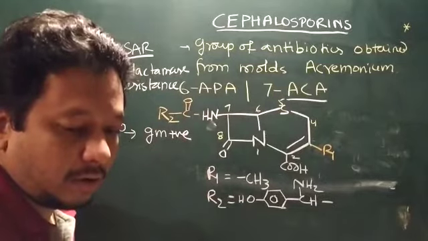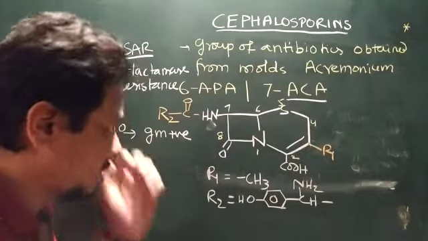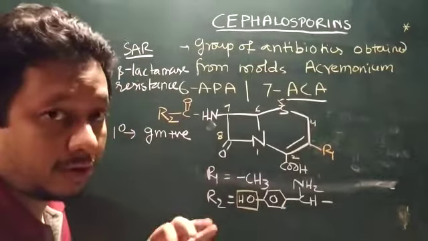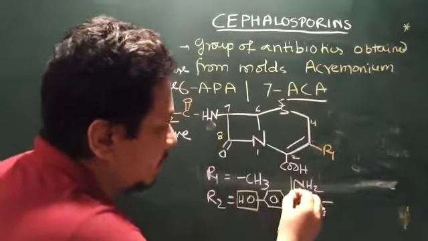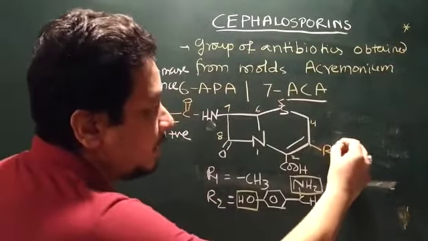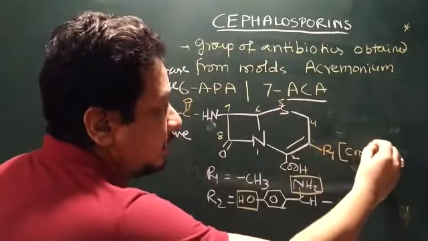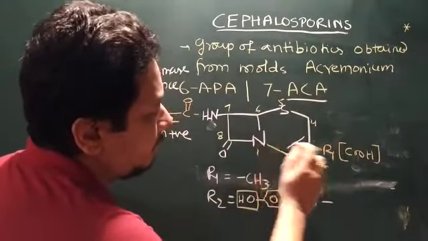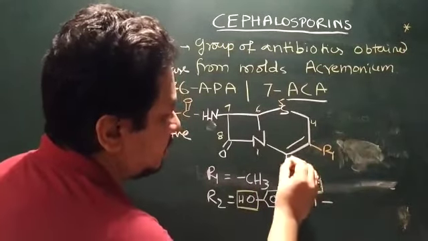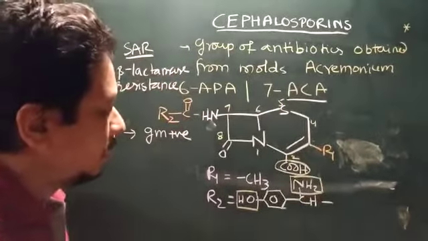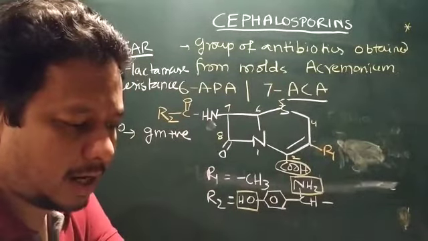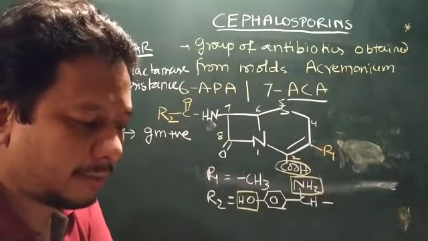Now in the last class in amoxicillin, if you remember, there are 3 types of functional groups: one is the hydroxy group, one is the NH2 group, and one is the carboxylic group, over here in case of amoxicillin. So in amoxicillin we have 3 ionizable groups, and sometimes in GPAT they ask the pKa values of amoxicillin.